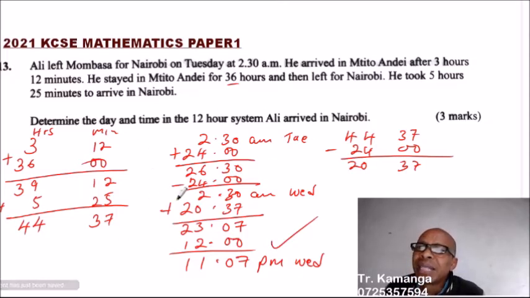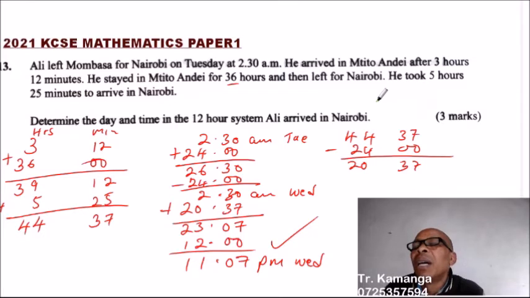Here you are being tested on whether you understand the 24-hour system, the 12-hour system, and how you convert one from the other. In the 12-hour system, we count 12 hours from midnight to noon, and then another 12 hours from 1 to 12 midnight.